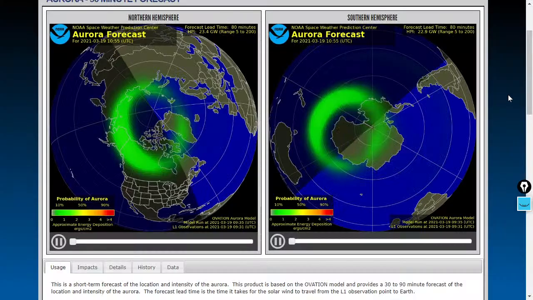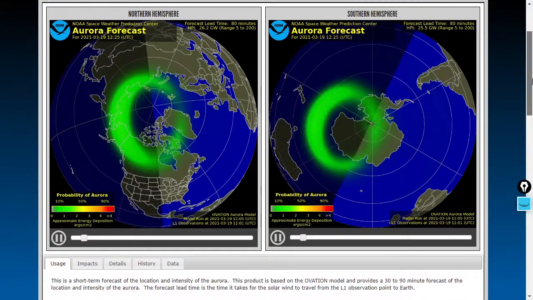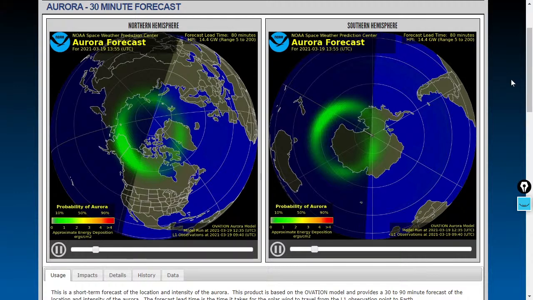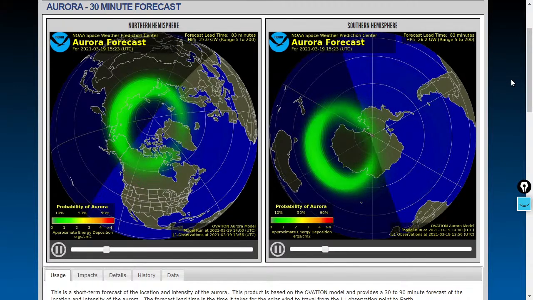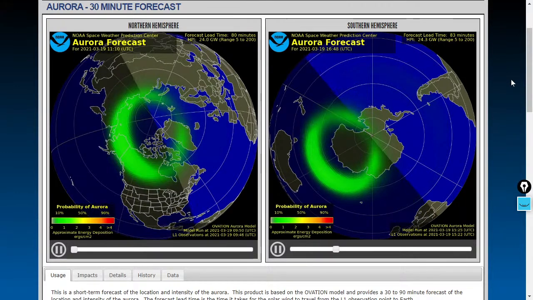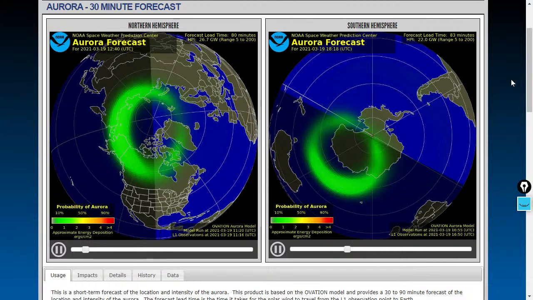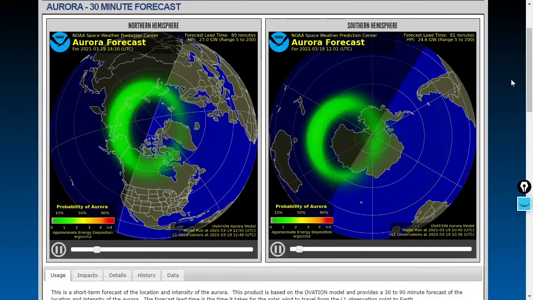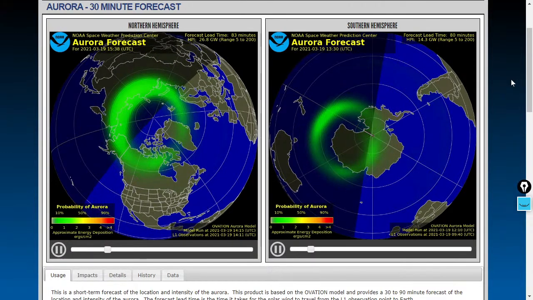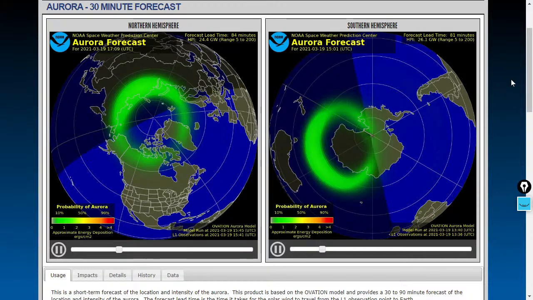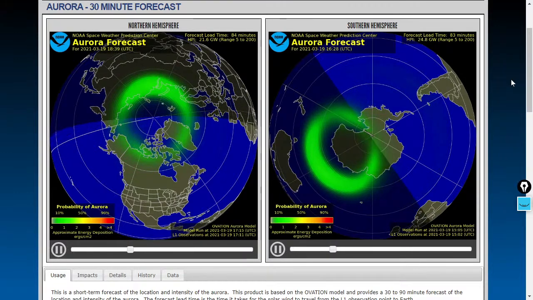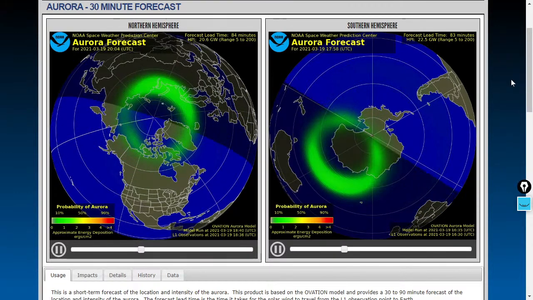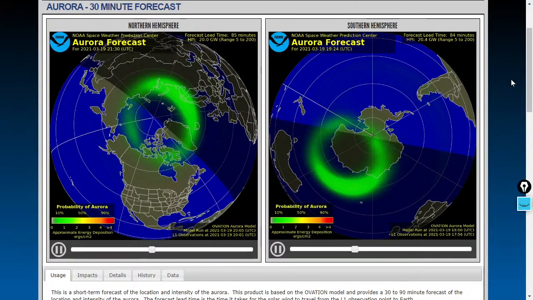So here's the aurora forecast as well, and you're going to see this suddenly kick up as a result of the high-density solar wind followed by the high-speed solar wind. Once again, we'll let this play through as it has refreshed. You're going to see this suddenly kick up about halfway through the video, I think.